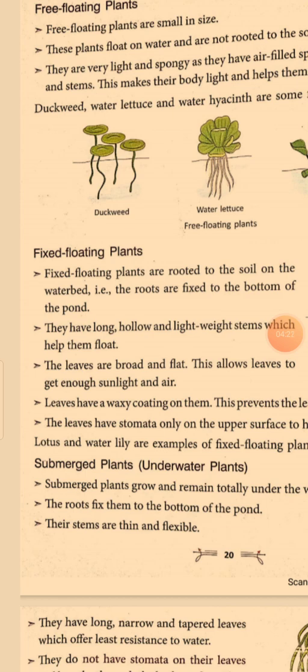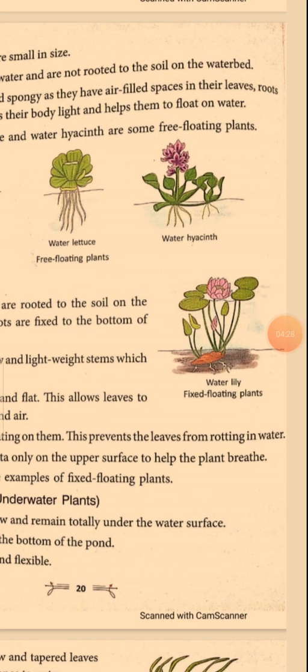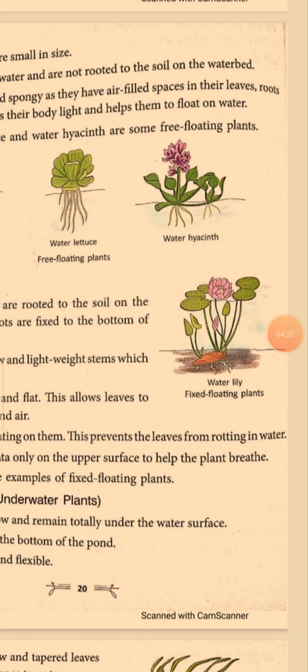Third point is the leaves of this plant are broad and flat. Now look at the leaf, they are broad and flat, they are present over the surface of water. Because they are broad, they can get maximum sunlight. Because they are broad, they are exposed to sunlight, and that's why they can take more and more sunlight.